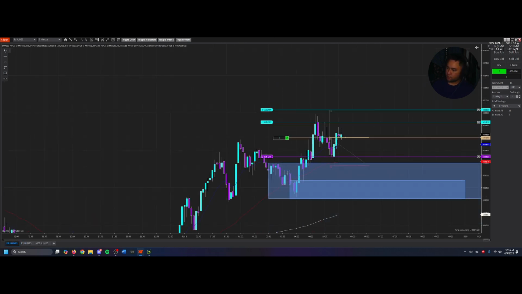It's like price doesn't like this area right here. But it's also not dipping too far down. It's just moving really slow.